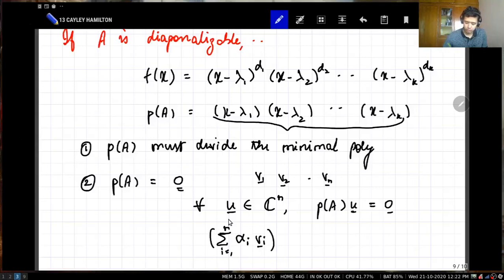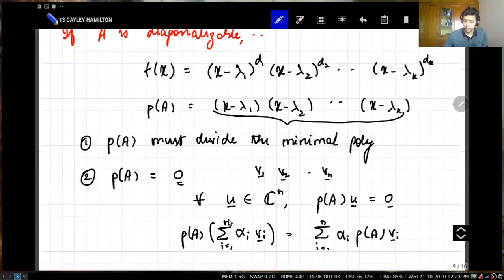Multiplying by P of A, this is the summation i going from 1 to n of alpha i P of A times vi.